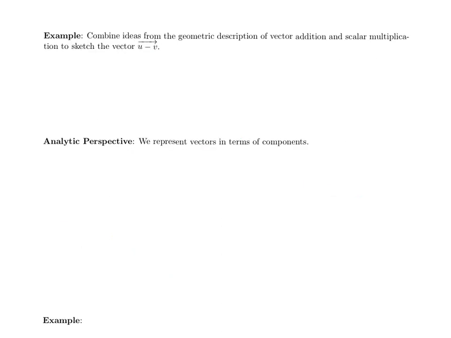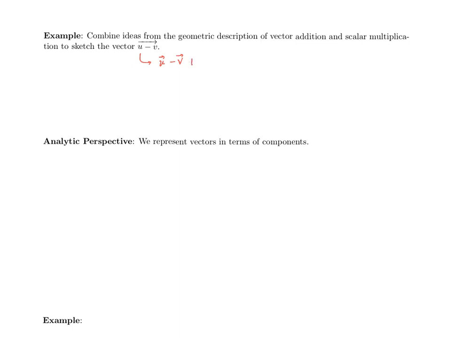So let's look at one more example dealing with this geometric perspective. Let's combine ideas related to vector addition and scalar multiplication to sketch the vector u minus v. The first thing I'm going to do is just give you a little bit of my intuition. I'm thinking of this as u minus v.